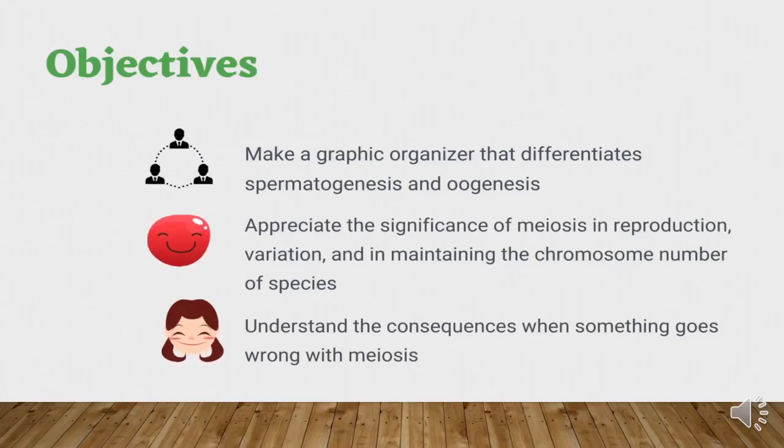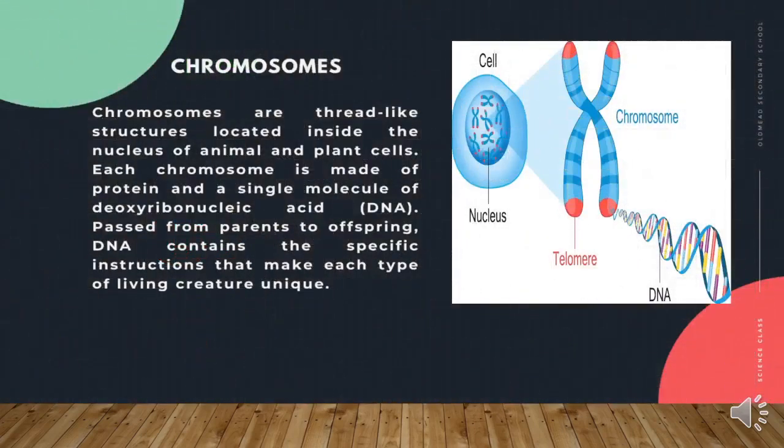Okay, to begin our discussion on the importance of meiosis, let us know first what are chromosomes. Chromosomes are thread-like structures, as illustrated at the right side, located inside the nucleus of plant and animal cells.